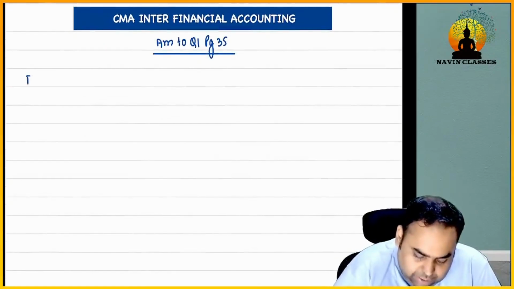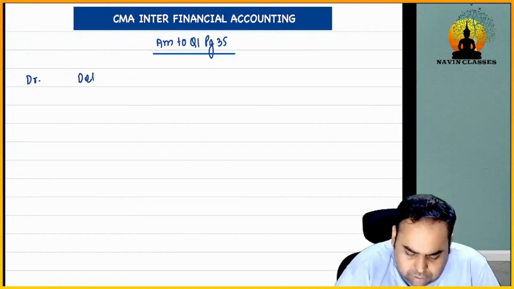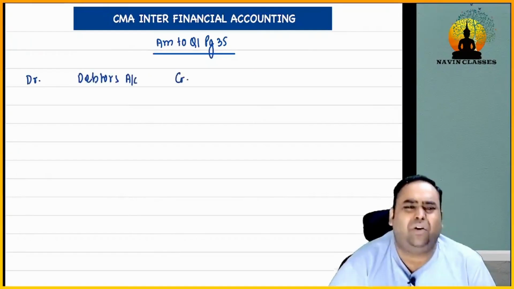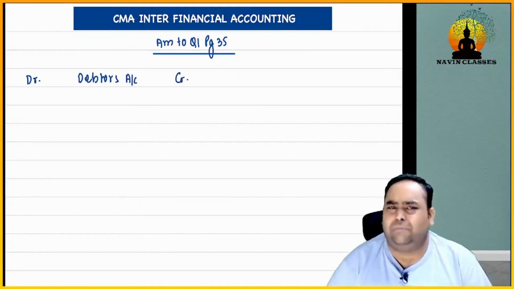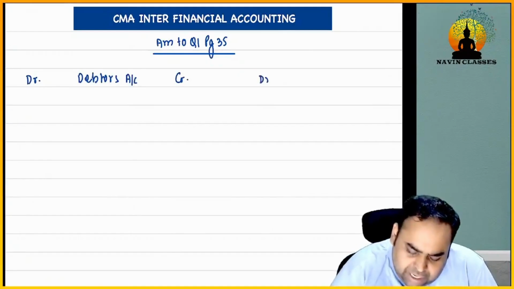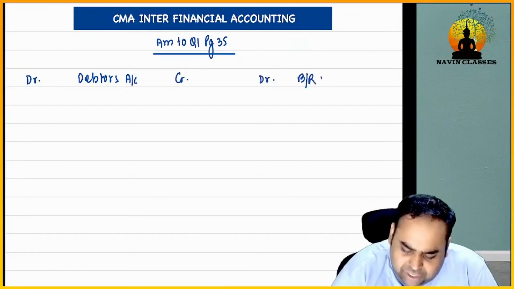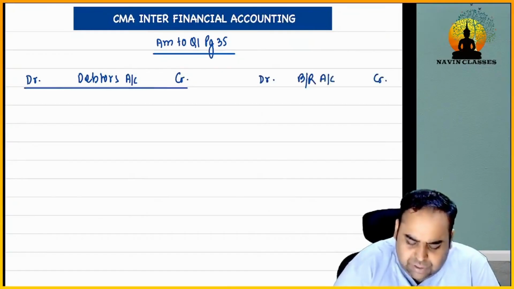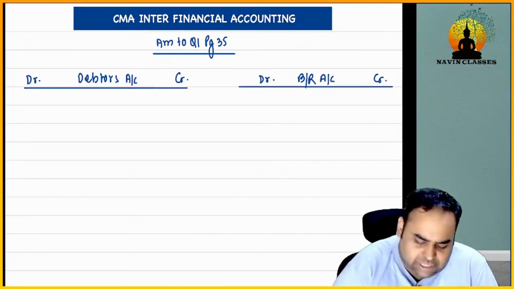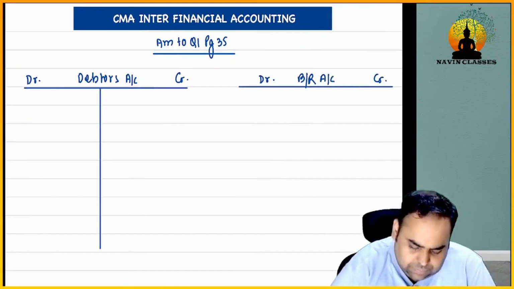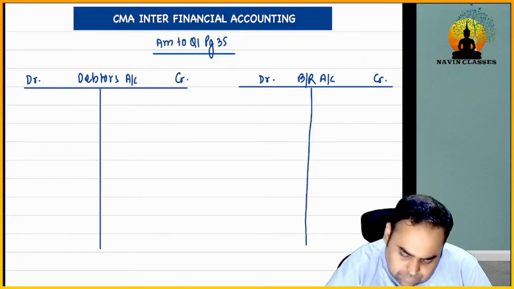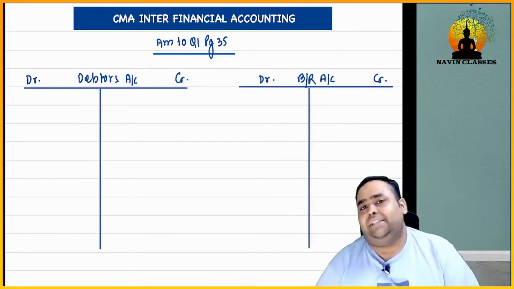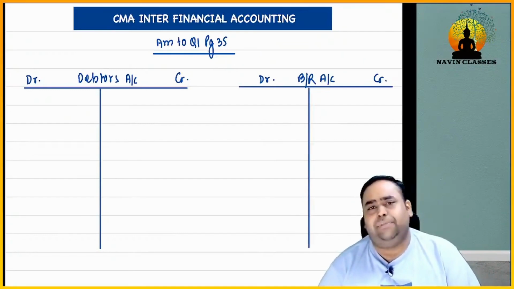And now we will create a debtors account. In exam, create columns for particulars and amount, that much will be sufficient. And we'll create 1 column for bills receivable account, and we don't need to create date and amount column. There's no need of all that. Bills receivable always originates from the debtors, so it always comes along with the debtors.